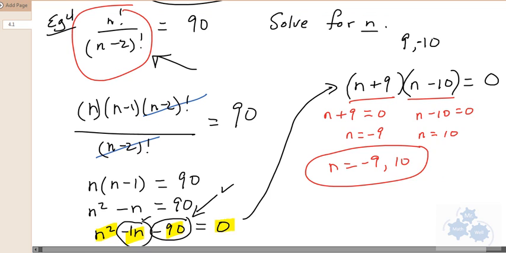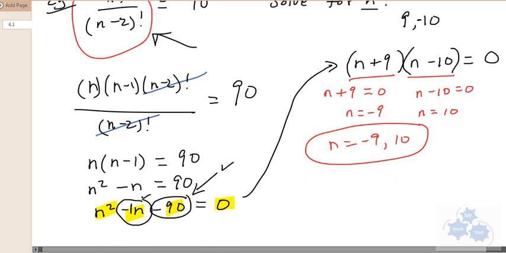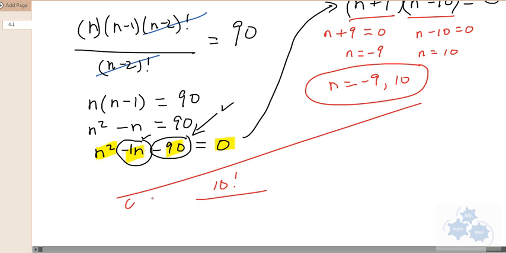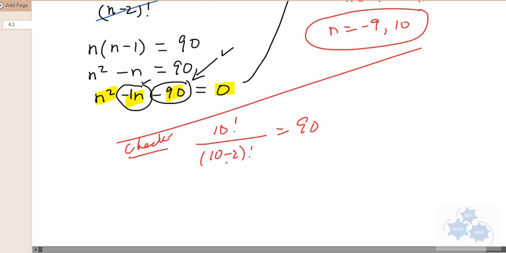So what we're going to do is replace each one of these numbers. Okay? So let's try 10 first, and we're going to have 10 factorial. So this is our check. 10 factorial over 10 minus 2 factorial equals 90. All right, so 10 minus 2, that's 8 factorial. So I've got 10 factorial over 8 factorial equals 90.